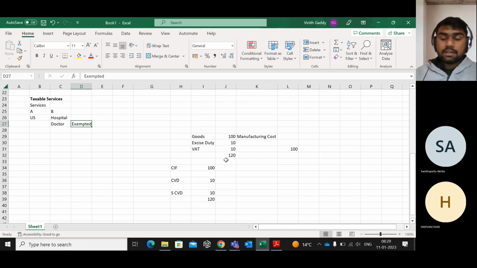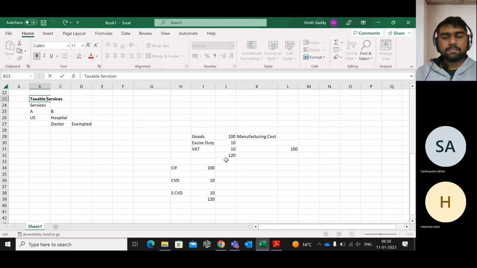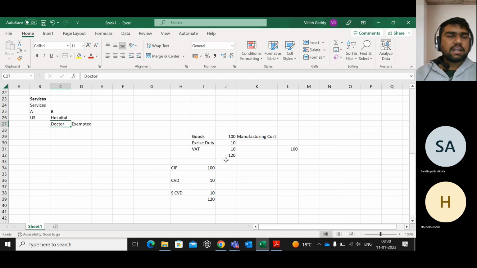The government thought that as the major services provided by hospitals are in the exempted category, they are importing services and the government is not getting revenue. So they removed this taxable term. That means if they import any service, this doctor needs to pay GST under RCM. That is the import of service here.